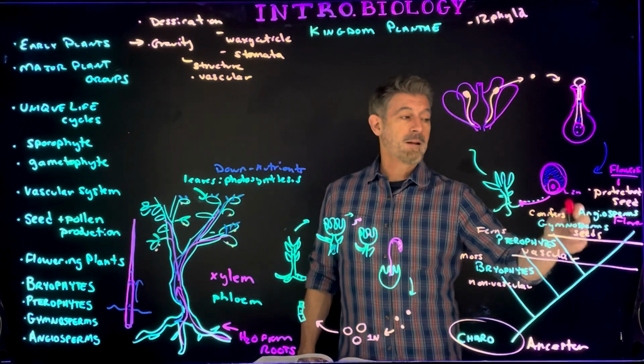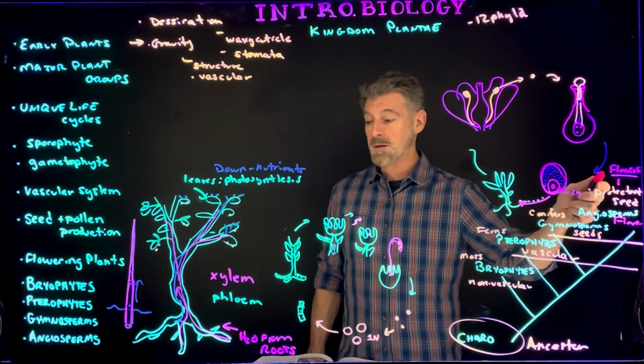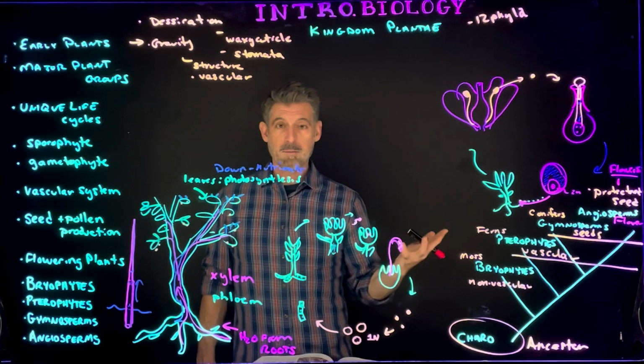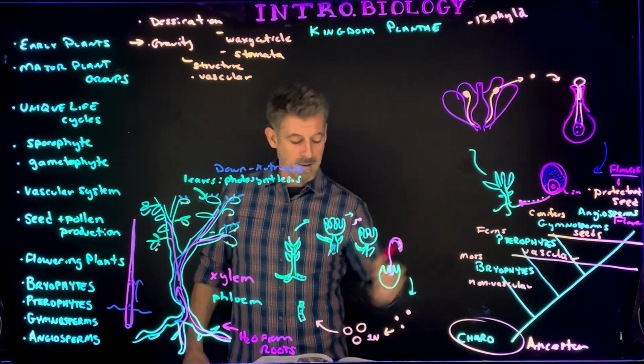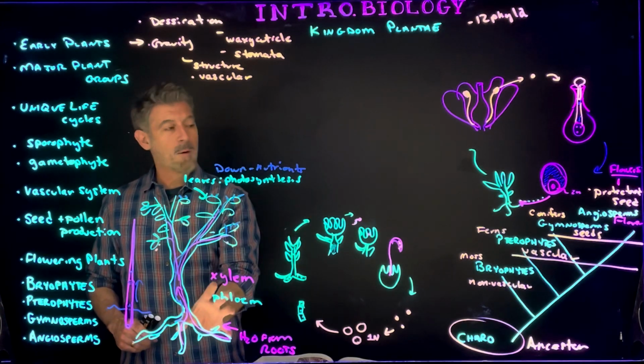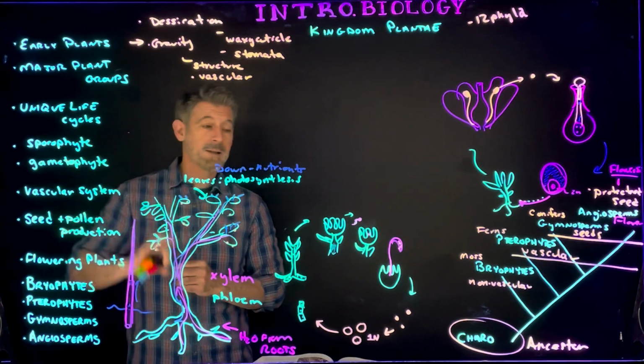Angiosperms are the largest, most diverse group with the most species. So the flowers and the pollination process is really what allowed them to be so successful, in addition to all these other features. So all the ones that are vascular have xylem and phloem, and they move the nutrients and water through the plant. So looking at life cycles.